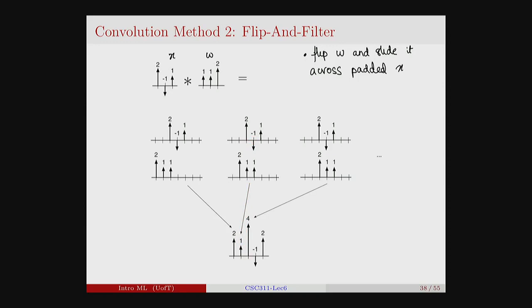Intuitively, what we're doing here is taking our vector W, flipping it, and then scanning from left to right across this input signal. The output of this operation is the result of an element-wise dot product whenever there is an overlap, followed by a summation.